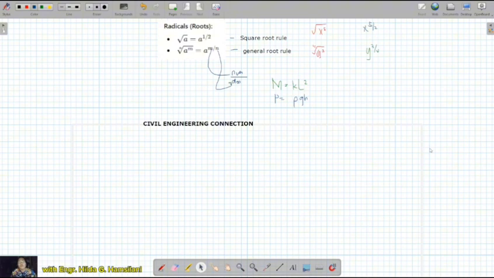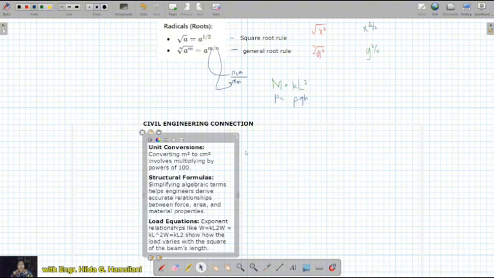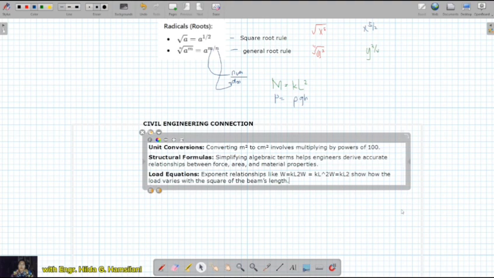How does the knowledge of the real numbers help us as civil engineers in understanding the field of civil engineering? It can be used in measuring beams, concrete mixing, slope showing. But how do these math principles translate into real life engineering? We can use them for unit conversions. We can convert square meters to other smaller units, which involves multiplying by powers of 100.